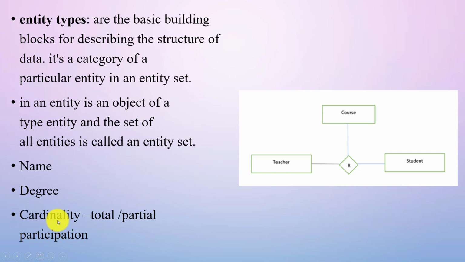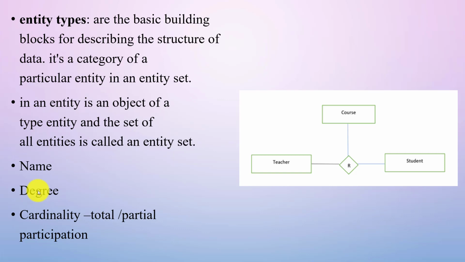Cardinality is, if we have relationship edges from one entity to another entity, then the total number of participations becomes the cardinality. That is, it can be partial or total. We calculate how much one entity set contributes to the other in the relationship. It becomes the cardinality.